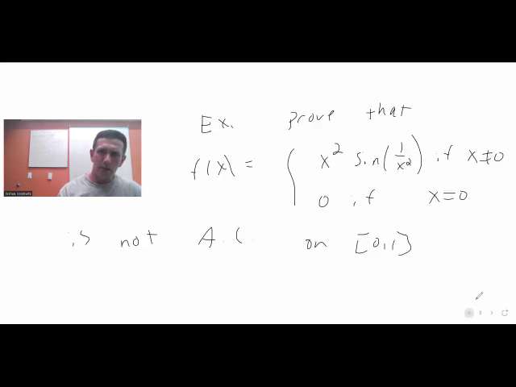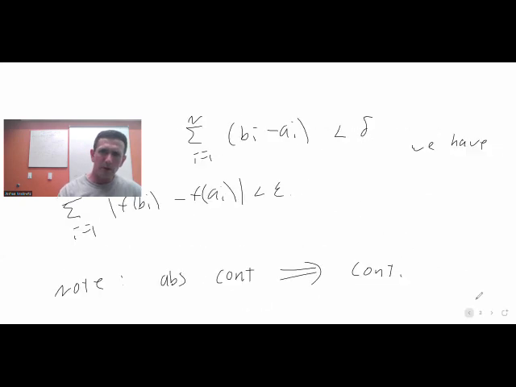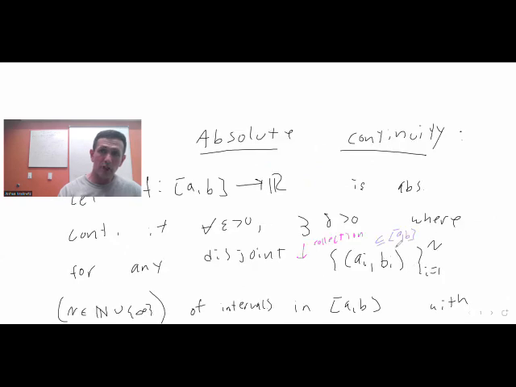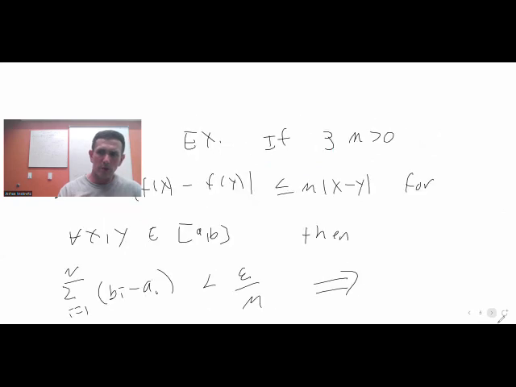The only thing we need to be a little careful of is to always get disjoint collections of intervals in 0 to 1. And we'll check that.